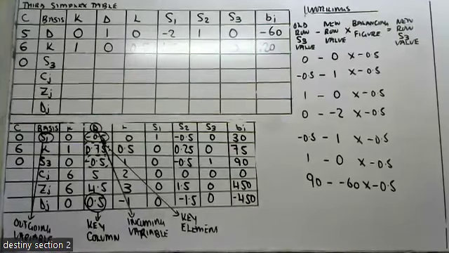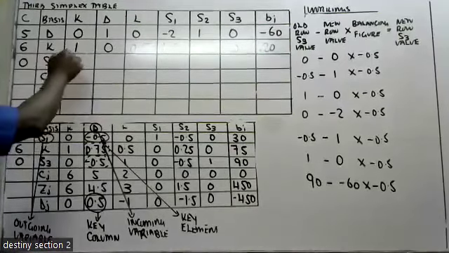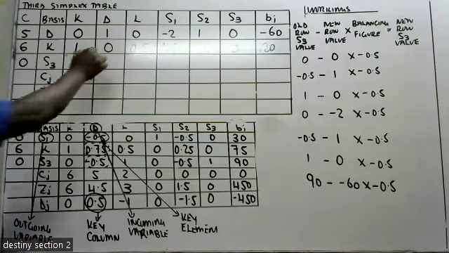So if you have used your calculator well, what did you get here? Minus 0.5 minus 1 times minus 0.5, 0 again.